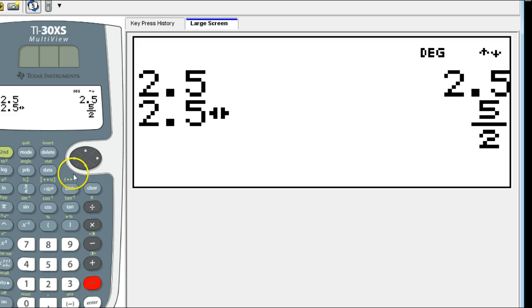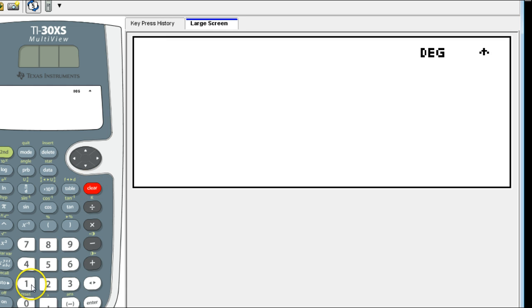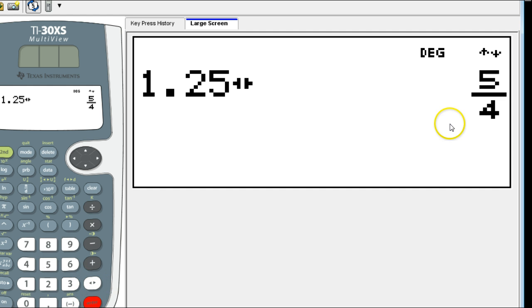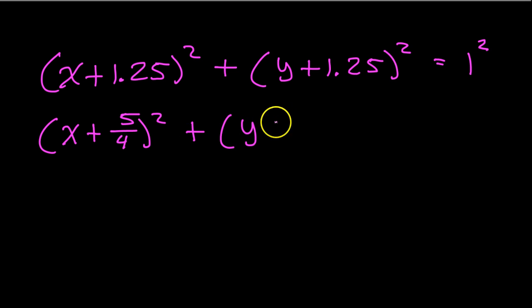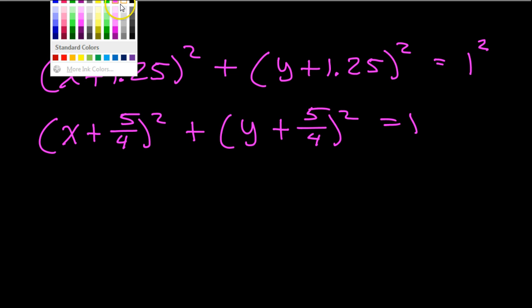1.25, let's change that to a fraction for sure. 1.25, alright, that's 5/4. So this equation is the same thing as x plus 5 over 4 squared, and then y plus 5 over 4 squared, and that's equal to 1. Alright, so this will be a little bit tedious because we have to do these out. But what are you going to do?